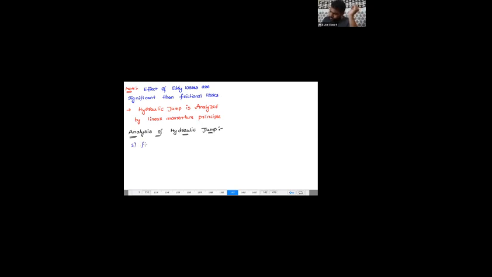The common assumptions are, number one, flow is steady and pressure distribution is hydrostatic. Okay, so flow is steady and pressure distribution is going to be hydrostatic.